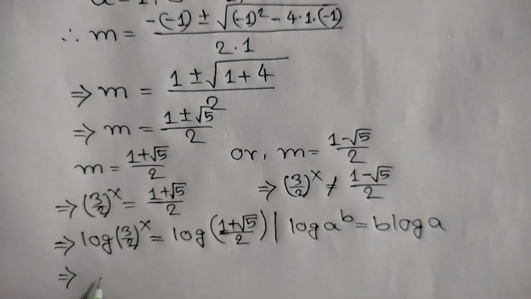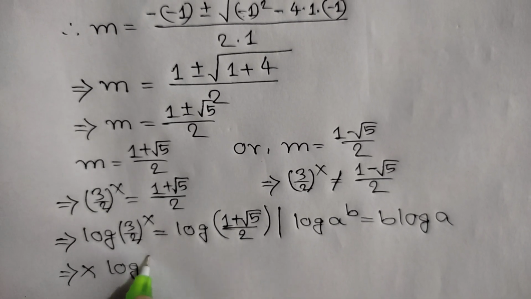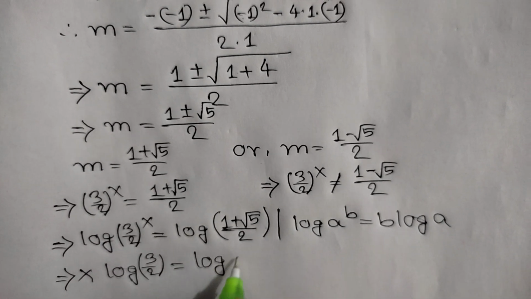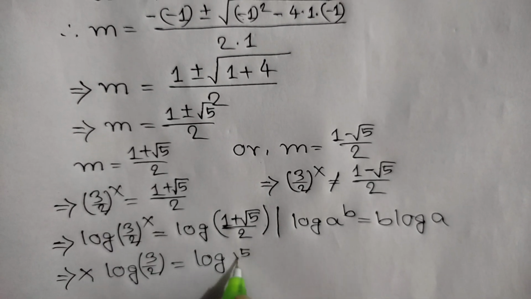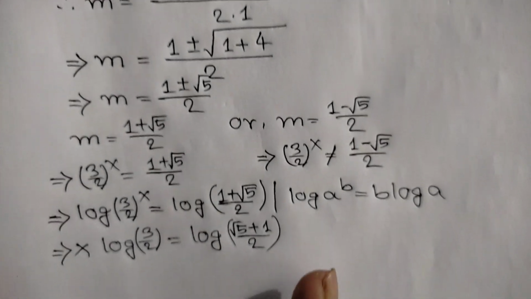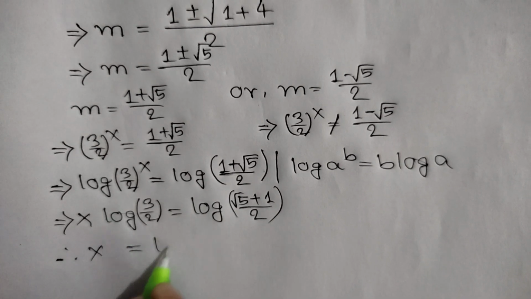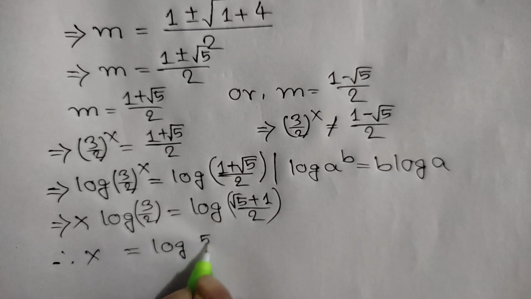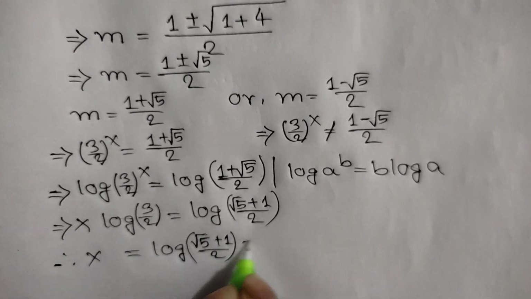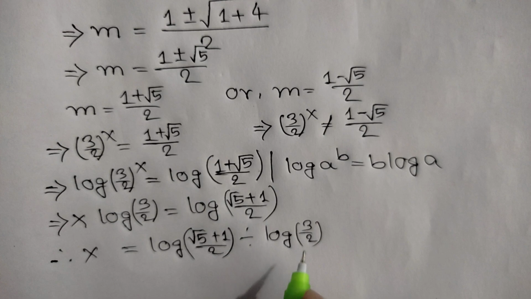Applying this rule, we can write x log 3 over 2 is equal to log, rearranging it, we can write, square root of 5 plus 1 over 2. So x is equal to log of square root of 5 plus 1 over 2 divided by log 3 over 2.